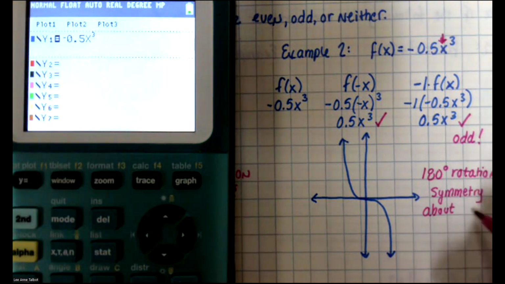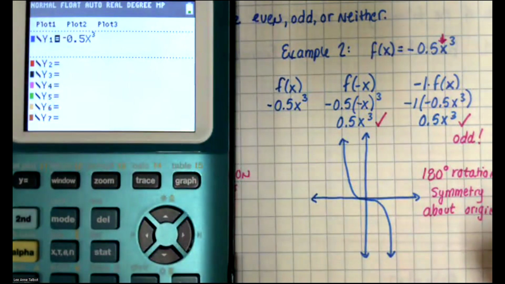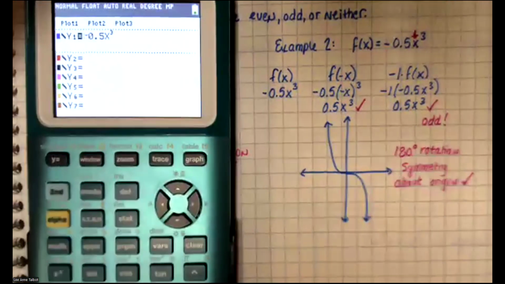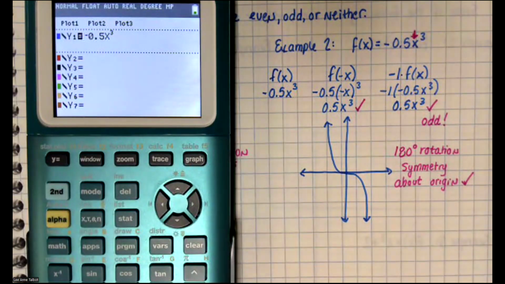Yep. Okay, boom. And then you check the graph. Does this particular one have 180-degree rotation symmetry about the origin? Yup. So it confirms your conclusion that it was odd.